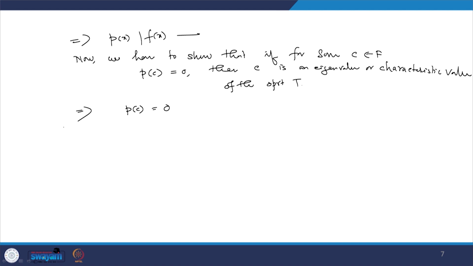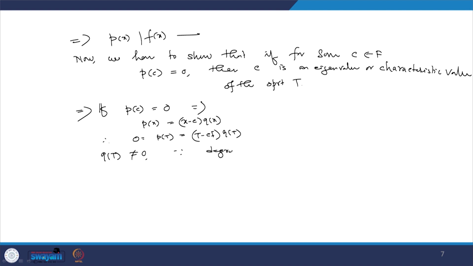So, if p(c) equal to 0, it implies p(x) equal to (x minus c) into q(x). So, 0 equal to p(T) equal to (T minus cI) into q(T). q(T) cannot be equal to 0, since the degree of q is strictly less than the degree of p.